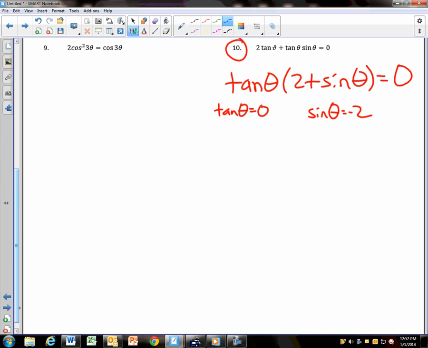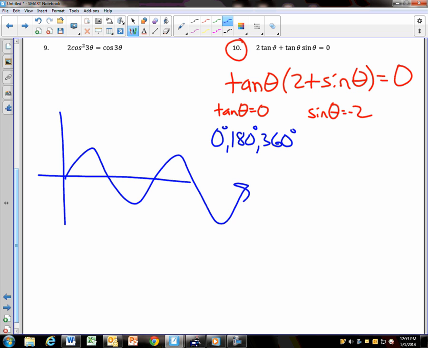Where is tangent theta equal to 0? We just answered that, didn't we? Where's sine equal to -2? Where's sine equal to -2?